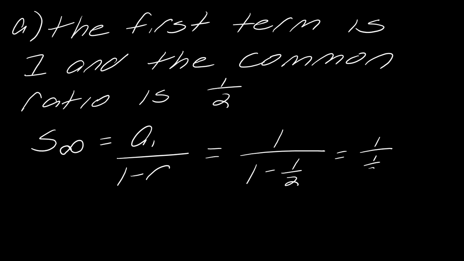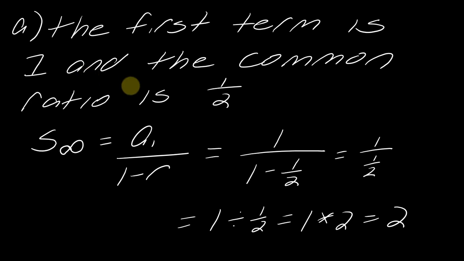So this comes out to 1 over 1/2. So just to remind you of the math, that's 1 divided by 1/2, so that's going to be 1 times just 2. So if I'm adding up an infinite amount of terms, my first term is 1 and the common ratio is 1/2, this series is eventually just going to go to 2. That's what all of the terms, the infinite amount of terms added up together, will eventually equal and converge to.